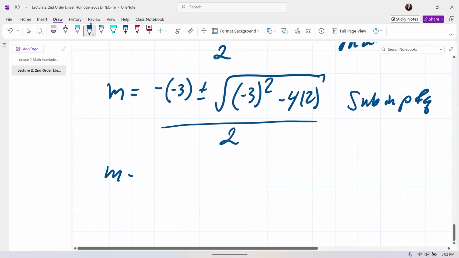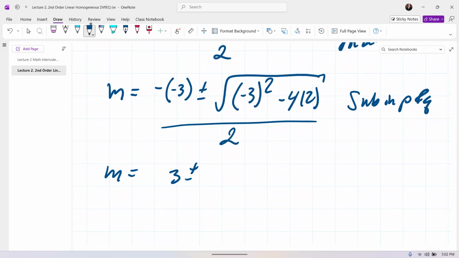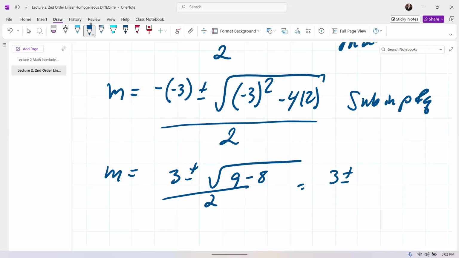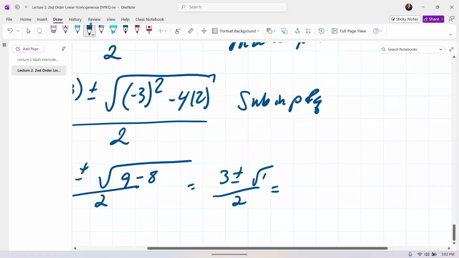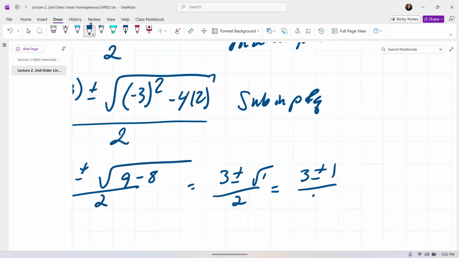All right, next what we're going to do is go ahead and simplify this. So m equals -3 is 3, plus or minus square root of -3 squared is 9 minus 4 times 2 is 8, all over 2, equals 3 plus or minus the square root of 9 minus 8 is 1, over 2. So 3 plus or minus, what's the square root of 1? It's 1 over 2.